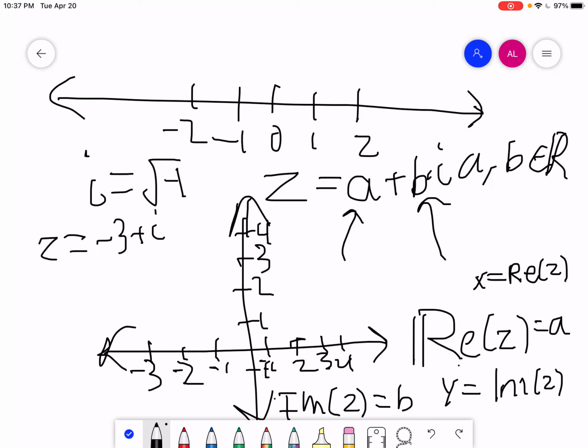Well, the imaginary part is 1. The real part of this complex number is -3. So the point would go right here. Next, let's plot 3 plus 4i. Well, 3 is the real part of this, which is right here, and the imaginary part is 4, so the point's right here.